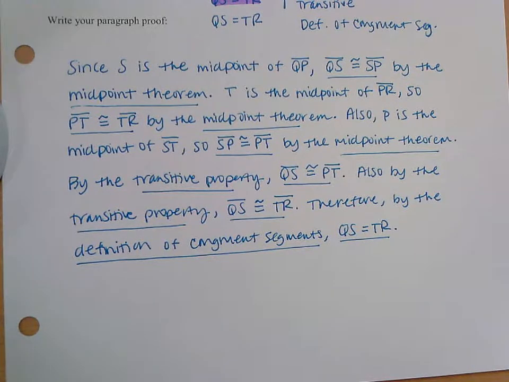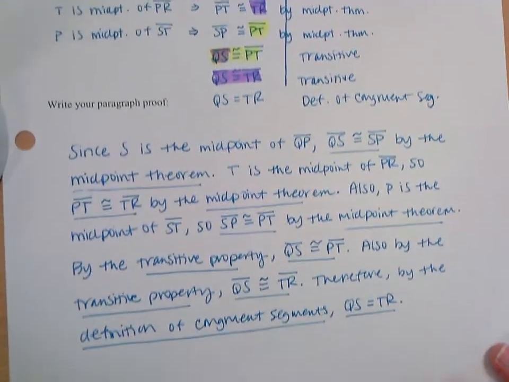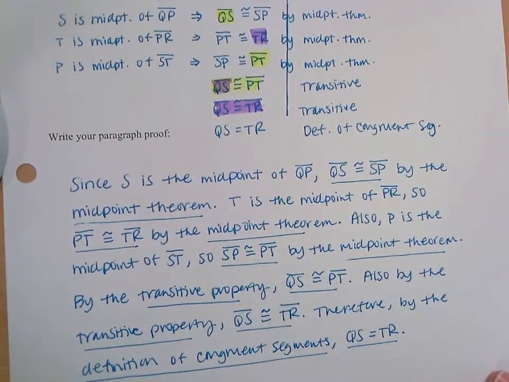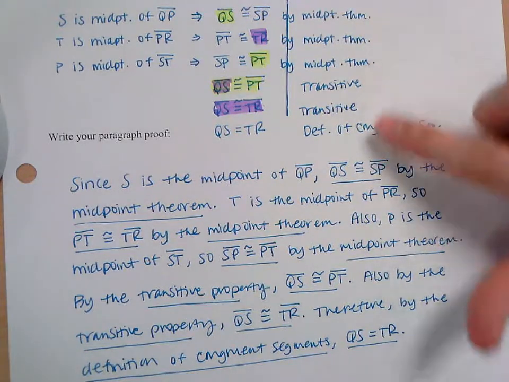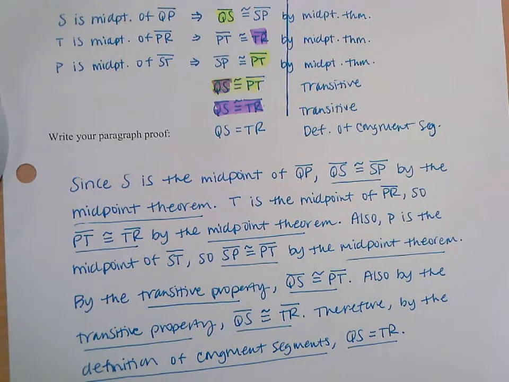Okay, so organizing your thoughts, coming up with your statements, reasons, using what you're given. So reason through it first, and then you're putting all of that into sentences. Not all of the ones have this many steps. This one had a lot of given information.